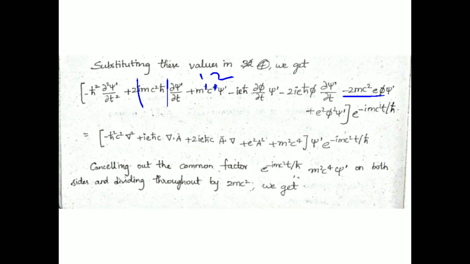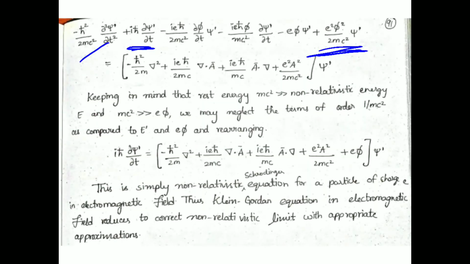Actually this term was eliminated, so here it is eliminated, so this term won't count. Next again mc square, if we do here minus i h cut by mc square, we would have minus i h cut by mc square.